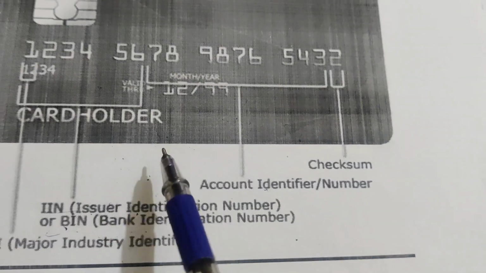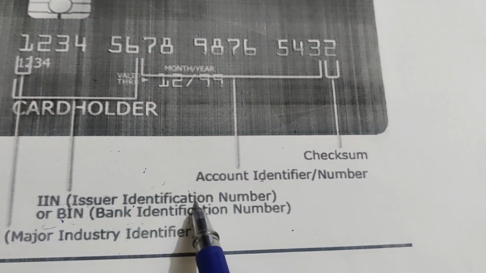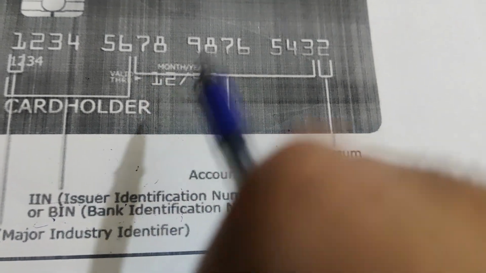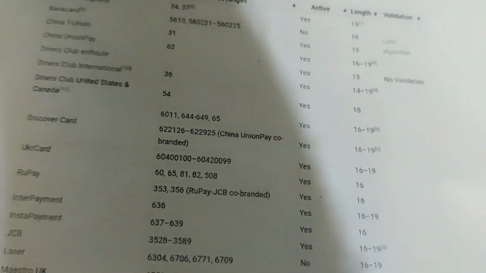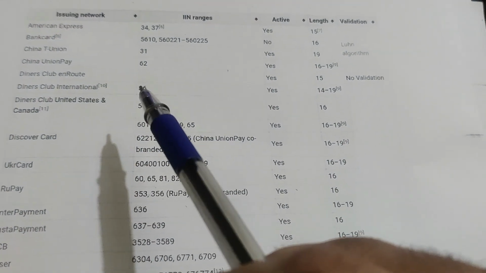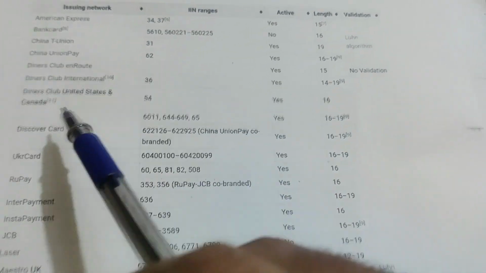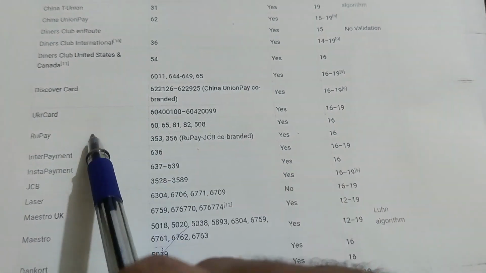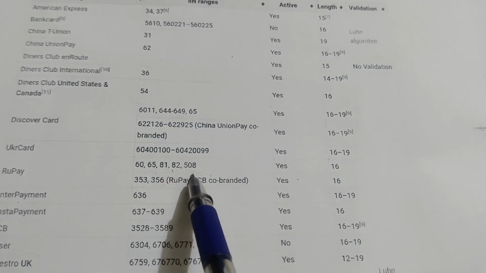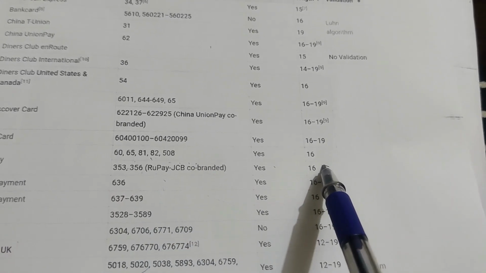The initial few digits in the BIN, the bank identification number, identify the issuing network of the particular card. As you can see in the table, issuing networks and their IIN ranges. RuPay cards generally start with 60, 65, 81, 82, 508, and they are of 16 digits.